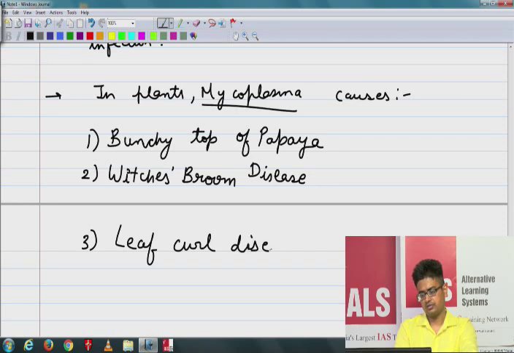Sometimes leaf curl disease is in papaya, sometimes in brinjal, eggplant, but this will be sufficient.